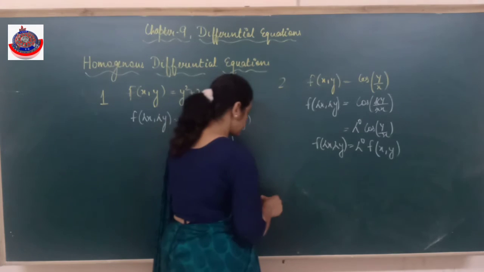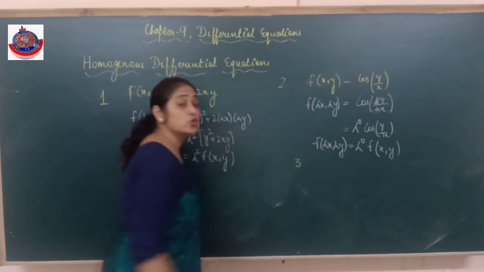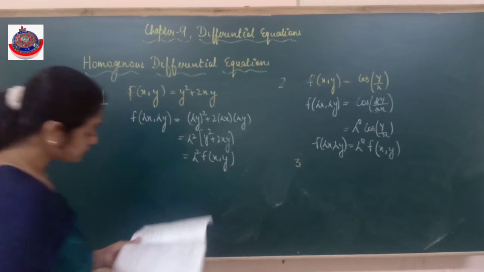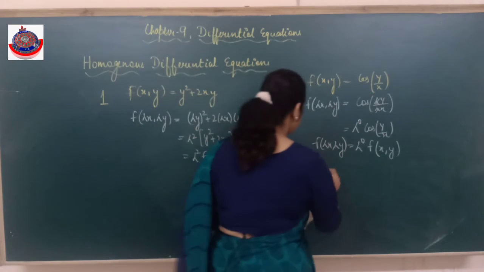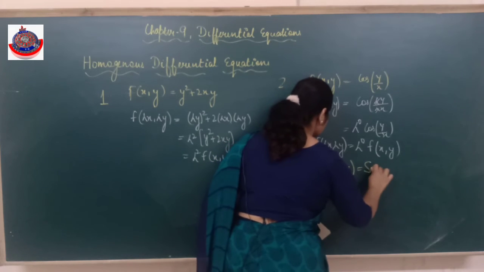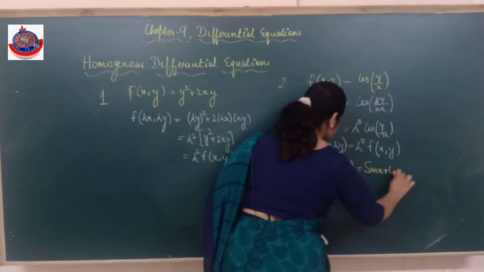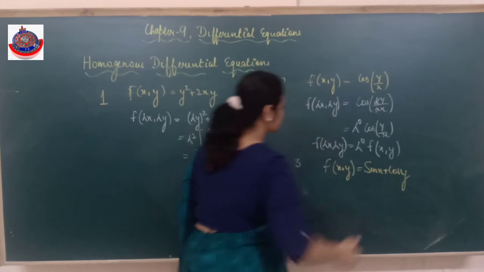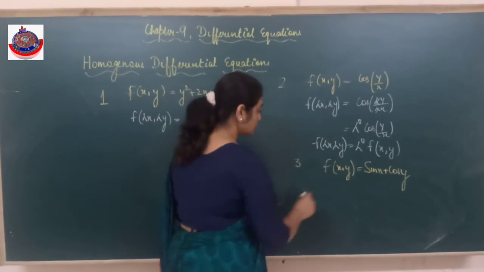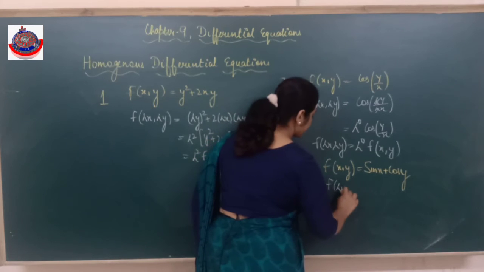So one more last example we will take to check whether it is a homogeneous equation or not. Fine. Let's pick up. See, I have this. What do I have to do? Replace x by lambda x, y by lambda y.